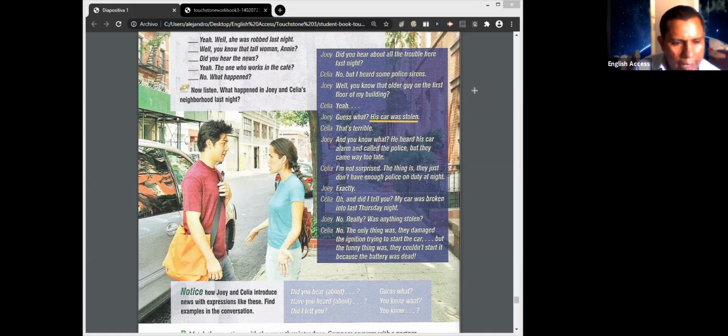So, it belonged to a guy, right? Yeah, who lived on the first floor. Yes. So, a guy who lived on the first floor of my building. So, you guys, that's what happened in the neighborhood.